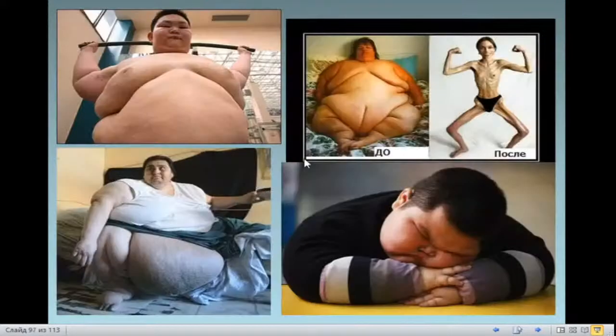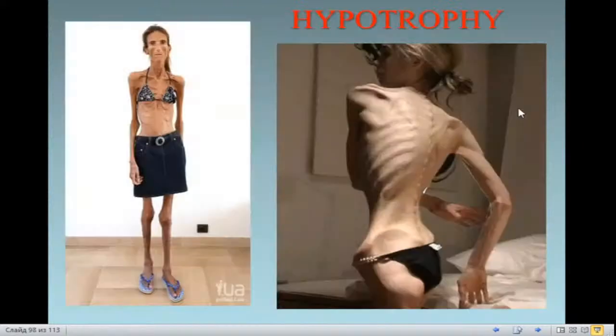Here I want to show you the different lesions or deviations from food consumption, from the functioning of the digestive tract. So these are an obese person and an anorexic person. And hypotrophy is the deficiency of body weight because of poor digestion.